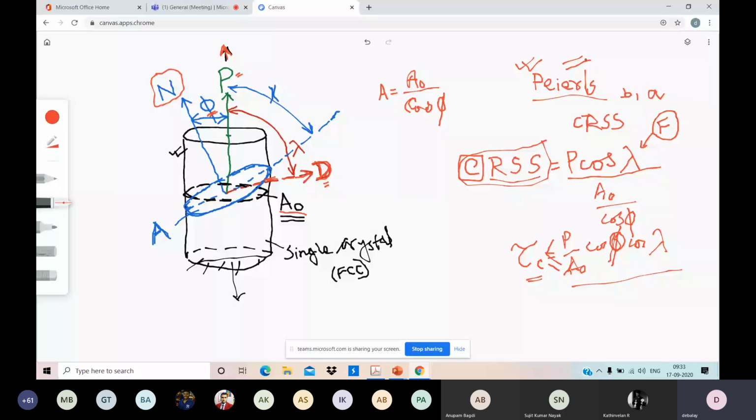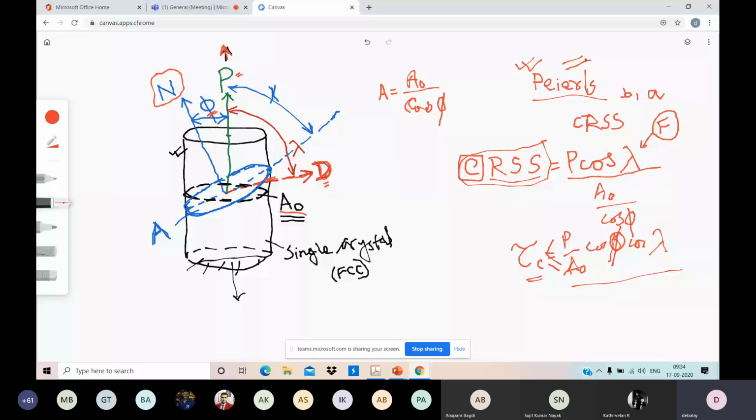If the road is smooth, your journey will be comfortable, easy and fuel efficient. But if the road is uneven, then even with no other obstacle, your journey will be uncomfortable. So that decides the Peierls stress, how smooth the plane is, how good the road is.